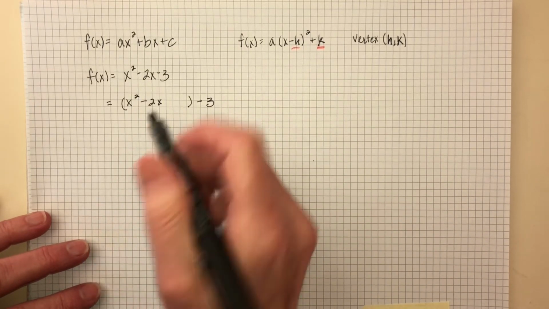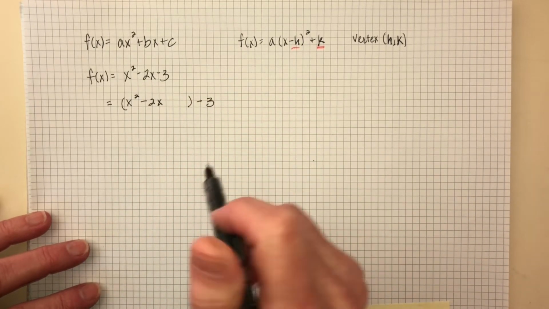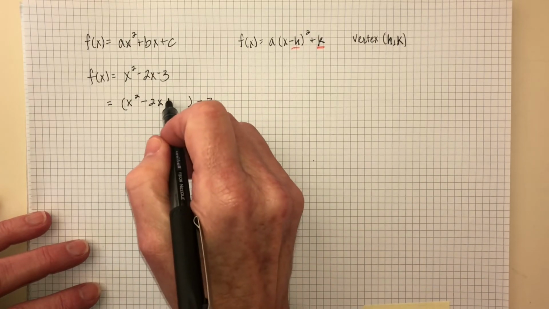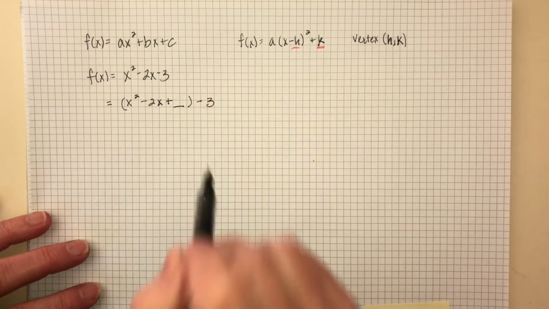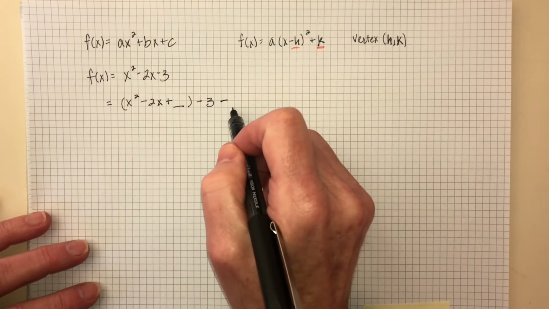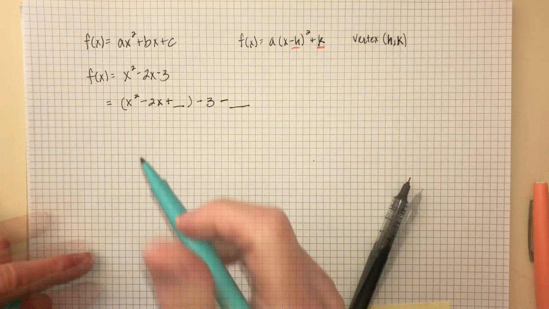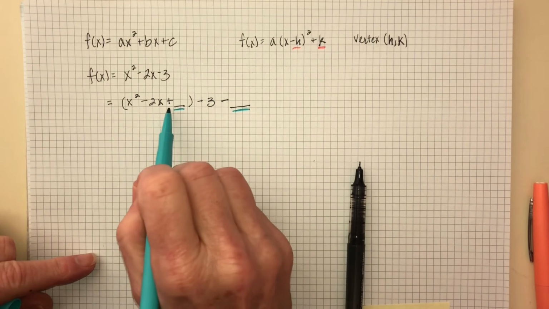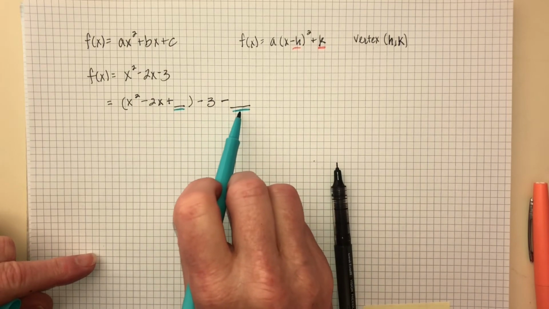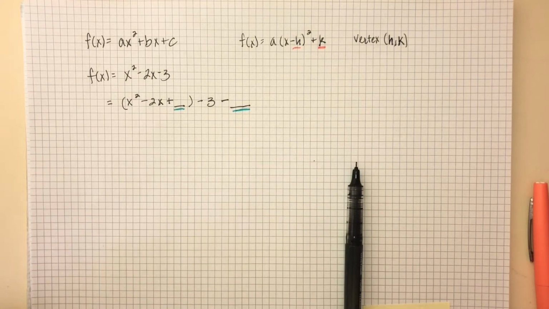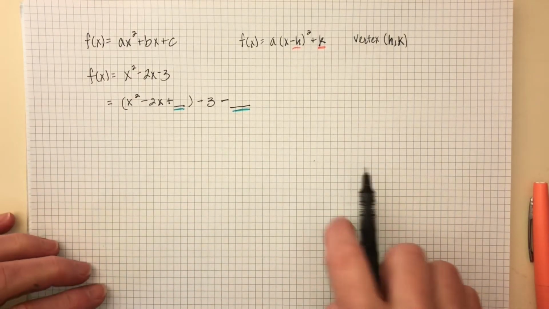So what are we going to do in here? Well, just like other forms of completing the square, we're going to add something here, but then to make up for it, we have to subtract that same something out here. So let me reinforce that we're adding something here, and then we're making up for that by subtracting it out here. So we have to do that to keep the equation true.